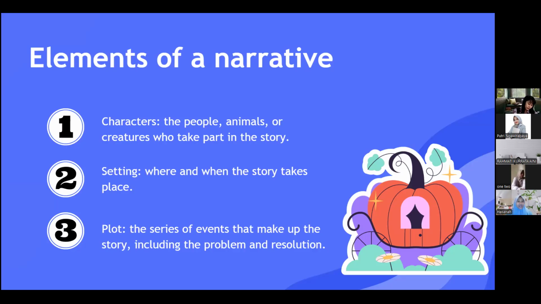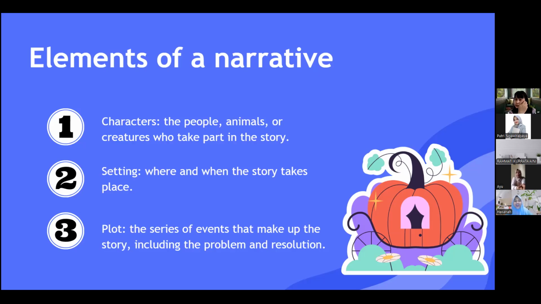And then Miss Ayu, what are the characters of the Cinderella story? There are Cinderella, stepmother, stepsisters, and fairy godmother, prince and king. Prince and King.